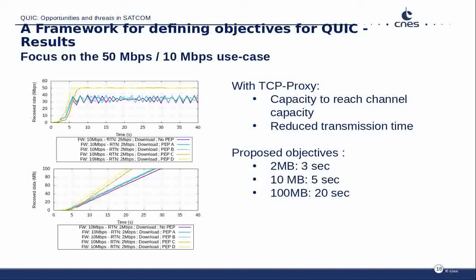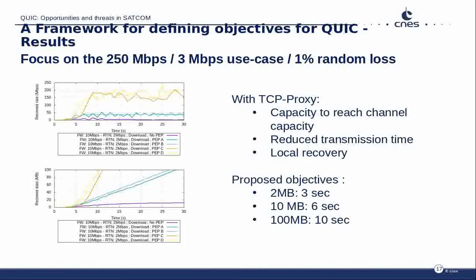In both cases, the flow is not able to reach the available capacity. When we look at the PEPs where the initial window and buffer sizes are increased, the orange and yellow ones, we can see that they can reach the available 50 megabits. Based on that, we propose objectives for QUIC that are listed in the slide here.